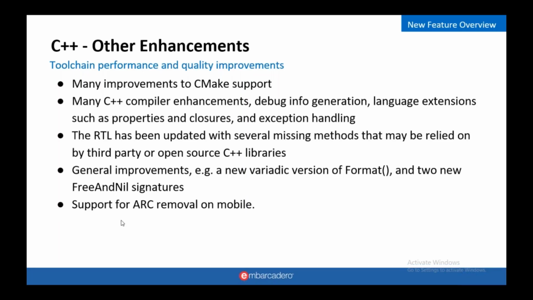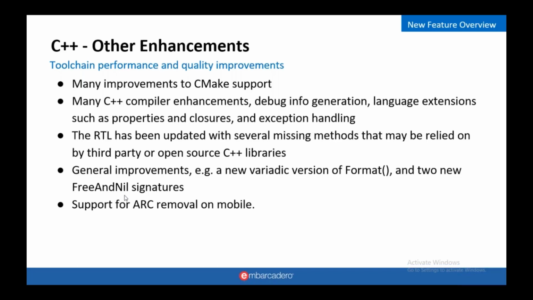Plus, in addition, there are many more C++ enhancements we made in many areas of the product, such as generating debug information, language extensions such as properties and closures and exception handling, and improvements to the free and nil signatures, and many, many more enhancements.